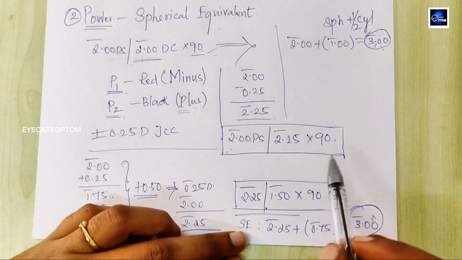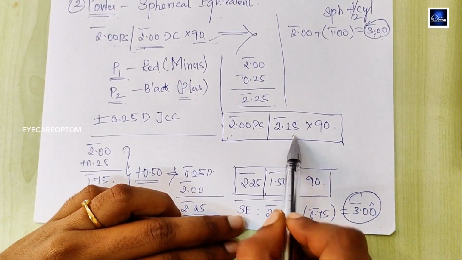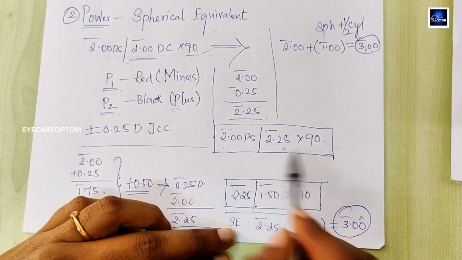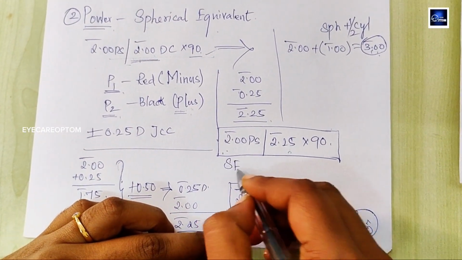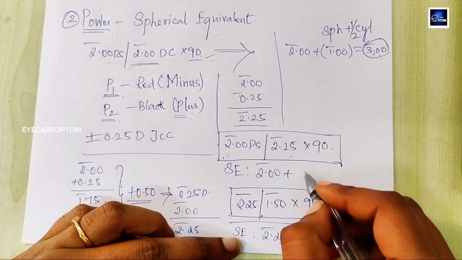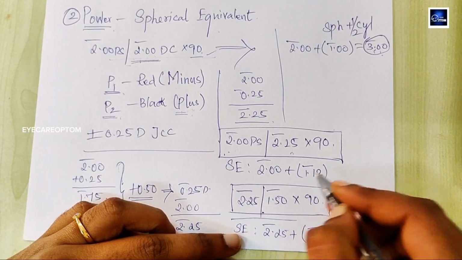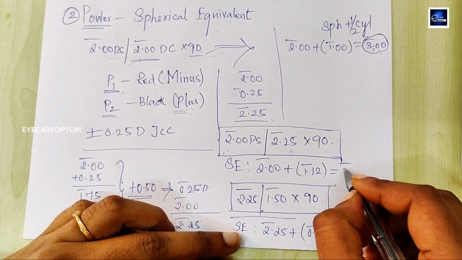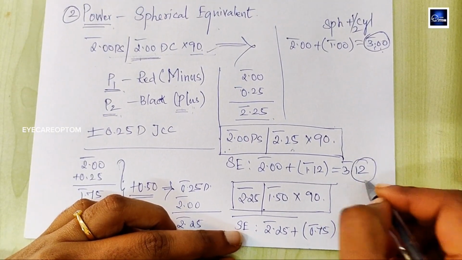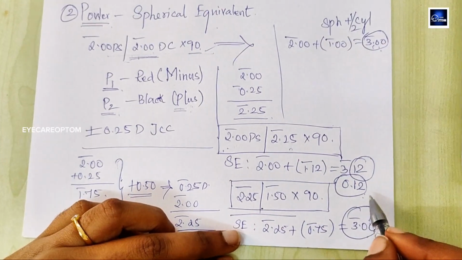So it's maintained throughout the prescription. Now you may think why we didn't change anything when we are adding 0.25 diopter in the cylinder. To clarify this, let's calculate the spherical equivalent for this also. So it's minus 2 plus half of the cylinder is 1.12 and the total is going to be minus 3.12. This 0.12 won't make any big difference.